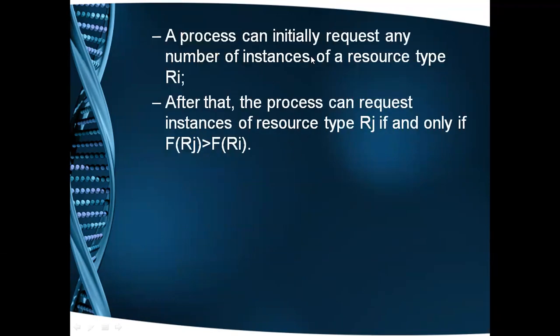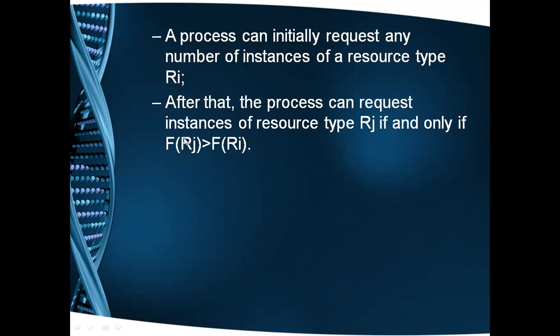Here a process can initially request any number of instances of resource type Ri. For example, a process can ask for one CPU. After that, a process can request some other resource type, for example memory units. The condition is that f of Rj is greater than f of Ri.